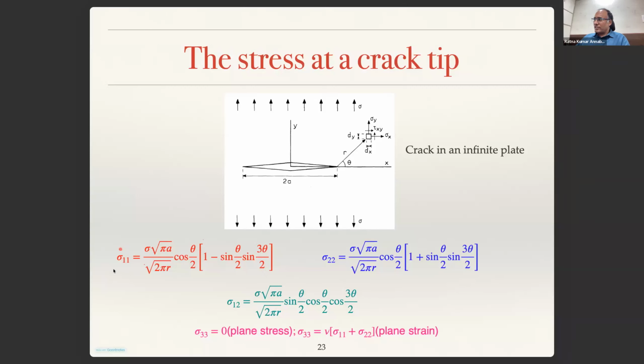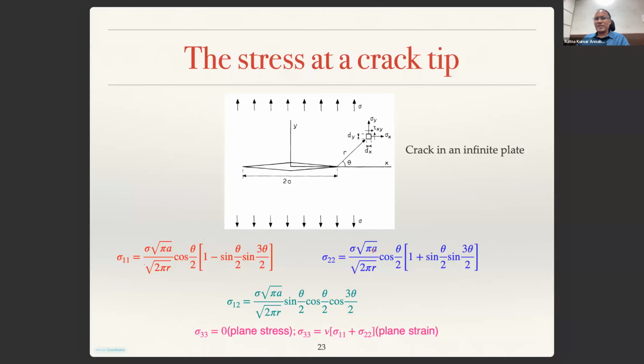And if you carefully look at this, sigma 11 or sigma 22, for example, if you take sigma 22, that is sigma root pi a. That means this numerator depends on the far field stress sigma and a. And you see that this is an infinite plate with a central crack whose length is 2a.